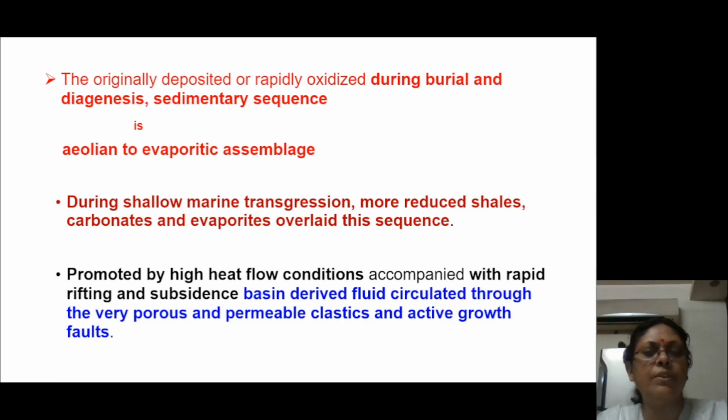During shallow marine transgression, more reduced shales, carbonates, and evaporites overlaid these sequences. These are promoted by high heat flow conditions because we know that for copper to be dissolved in fluid, temperature needs to be high, accompanied with rapid rifting and subsidence. Basin derived fluid circulated through the very porous and permeable clastics and active growth faults.